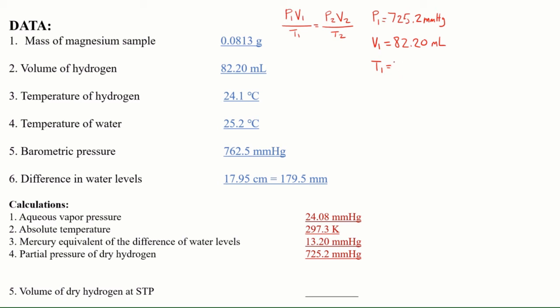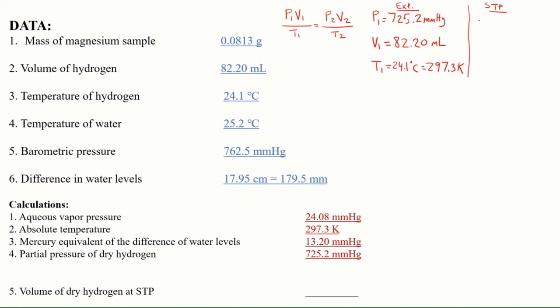So here I will just write both temperatures so you know where they came from, but I will use the Kelvin scale, 297.3 Kelvin. Now, let me put a line here. STP conditions. So this is experimental.